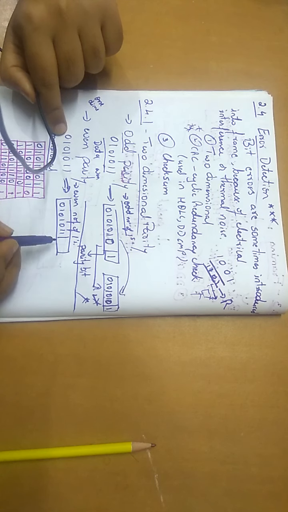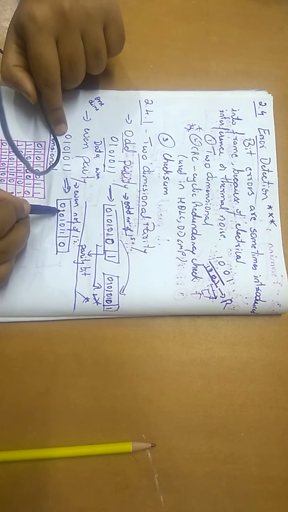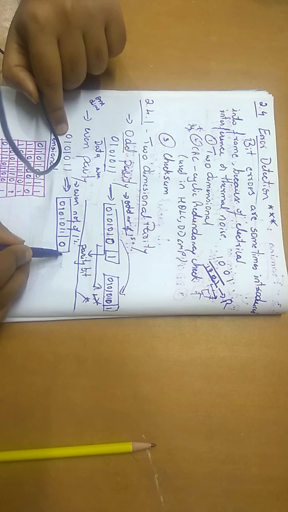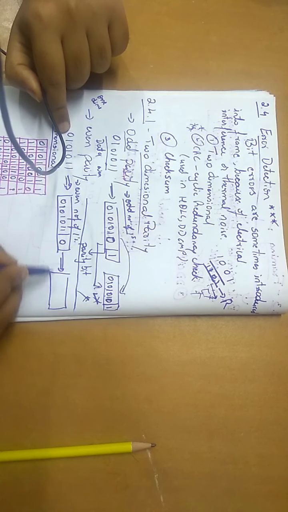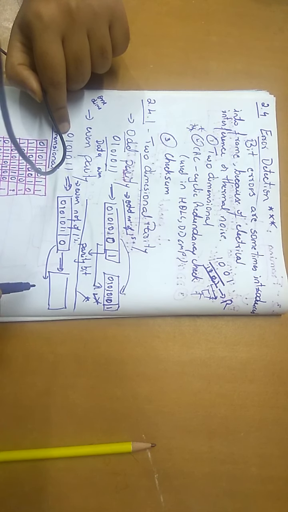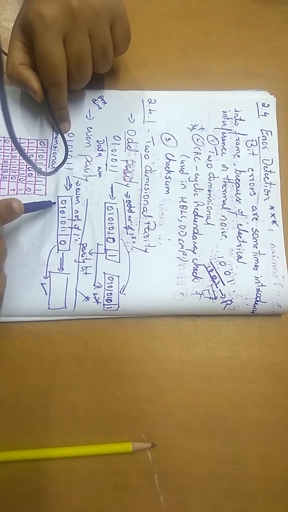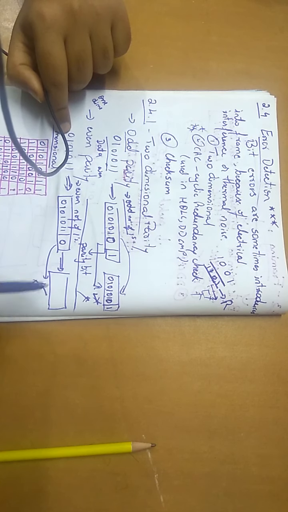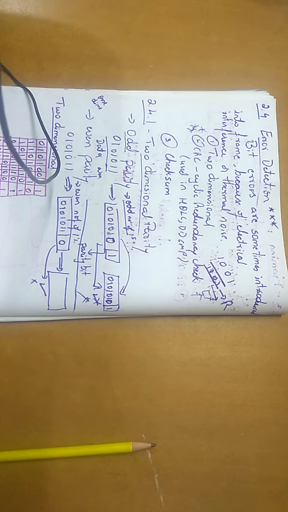It is already even, so I will add an extra 0 as the even parity bit. So four ones are there, and this will be transferred to the receiver side. If the same number of ones is received, it will be accepted. Again, if there is a variation in the number of ones, it will be discarded. Okay, so this is one-dimensional parity.